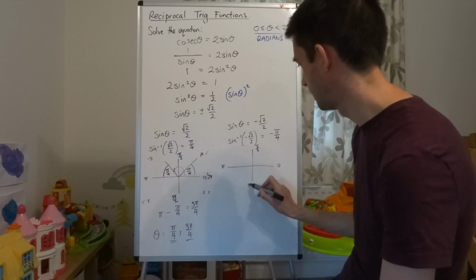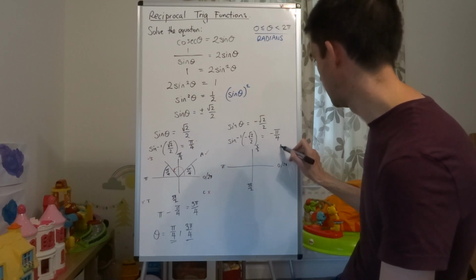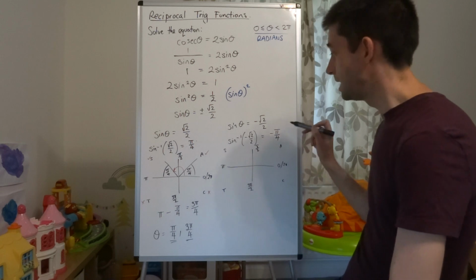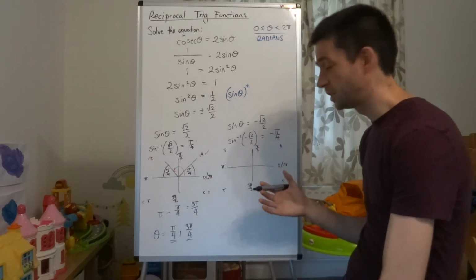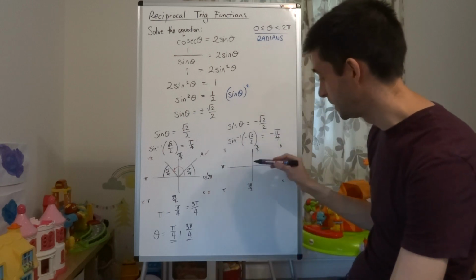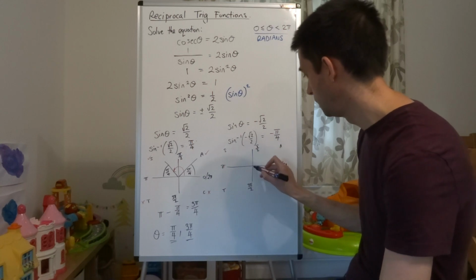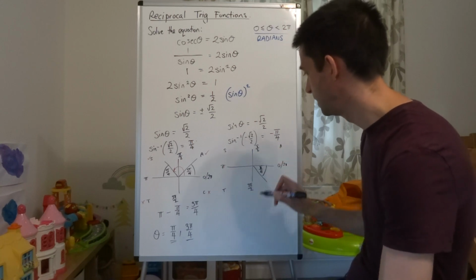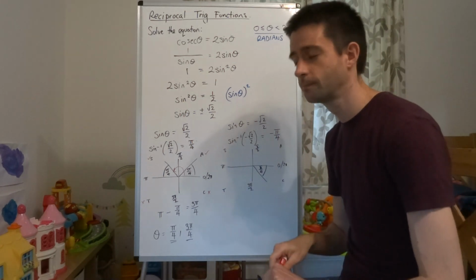Draw the CAST diagram quickly: A, S, T, C. Now negative pi over 4. Pi over 4 went up here. Negative pi over 4 is the same angle, but because it's negative, instead of going anti-clockwise around the CAST diagram, we're going to go clockwise into this quadrant here. But notice that I'm still labelling it as pi over 4, because that's still the size of the angle.